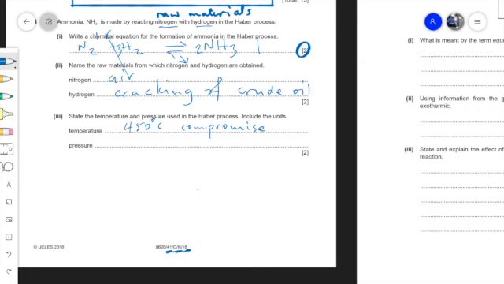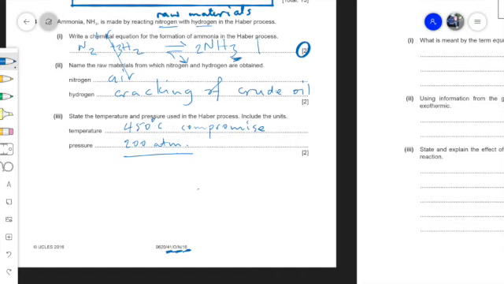The last thing that we need to know is the pressure. The pressure is going to be quite high. It is 200 atmospheres, and we can get away with this pressure, which is quite high, because our yield is quite low.